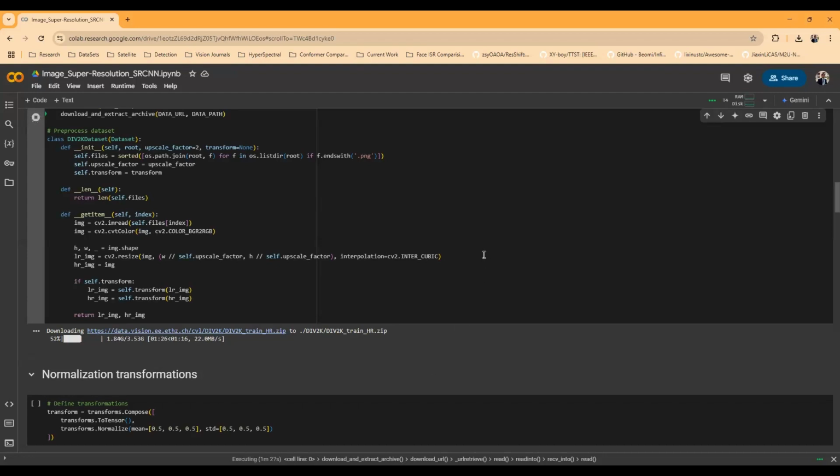Also, apart from simple CNNs, when you are using transformers, then these dataset images must be partitioned into patches. That concept we discussed in the last lab session as well.